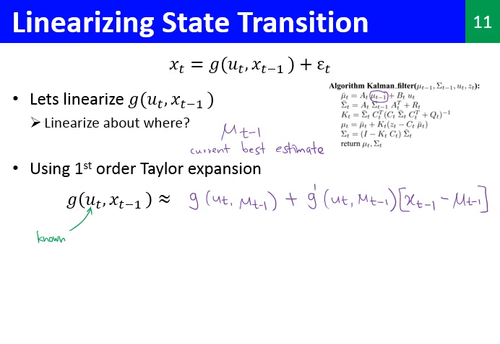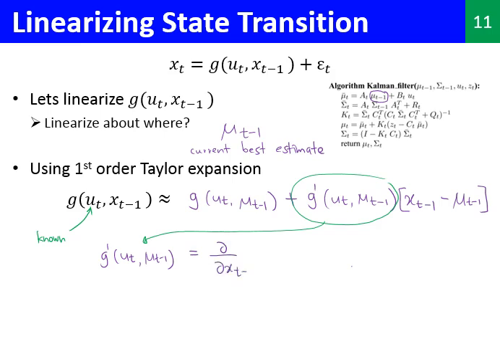So the first derivative, that is g dash mu t ut, is equal to the partial derivative ∂g over ∂x t minus 1 for g xt minus 1 ut evaluated at mu t minus 1.